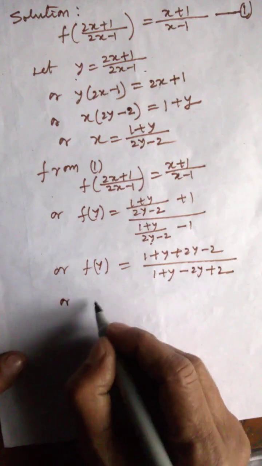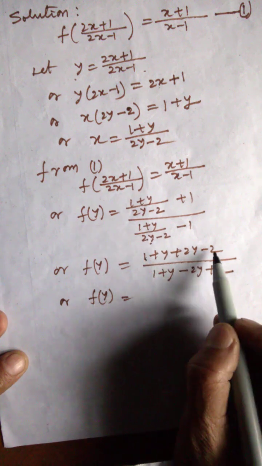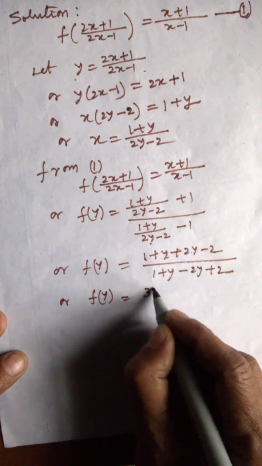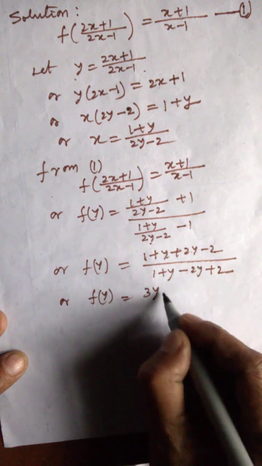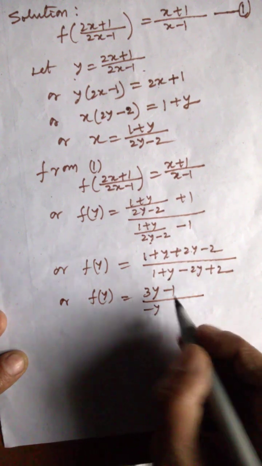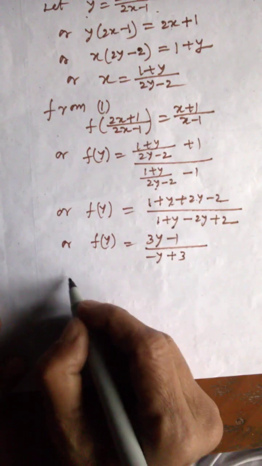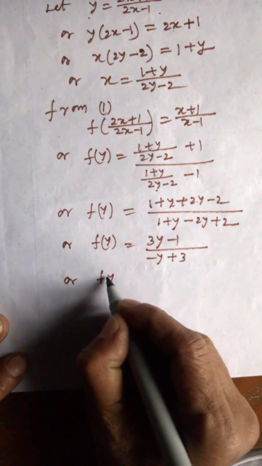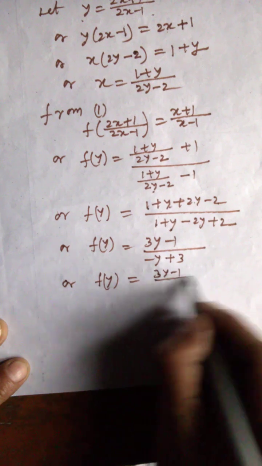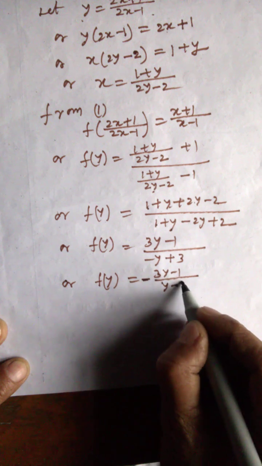Now again simplify: y + 2y is 3y, 1 - 2 is -1, y - 2y is -y, 1 + 2 is 3. So f(y) = (3y-1)/(3-y), or taking out a common minus, (3y-1)/-(y-3).